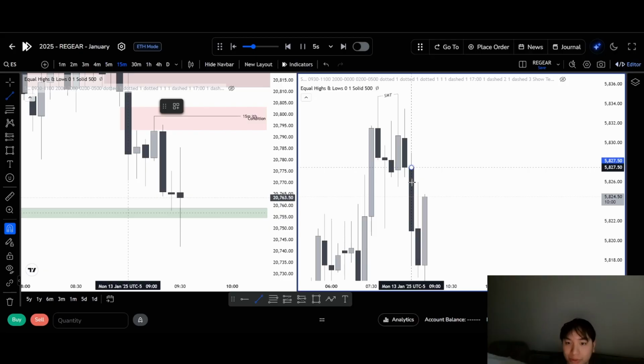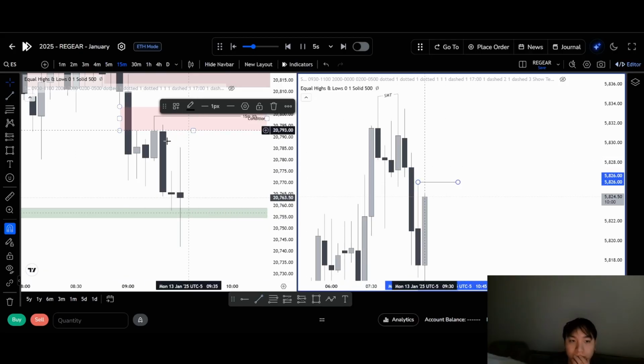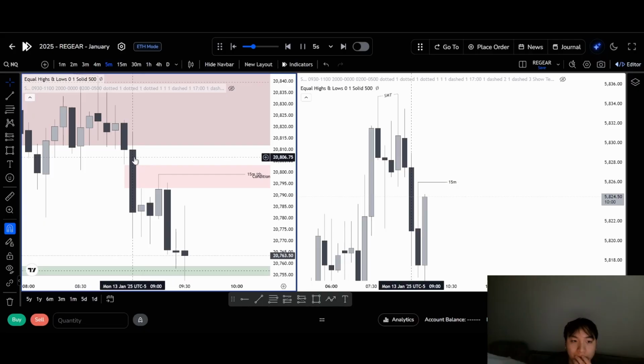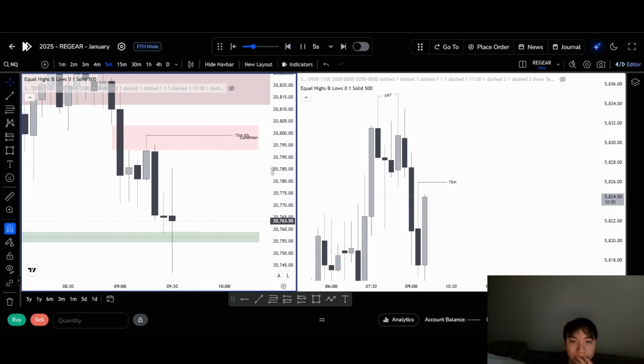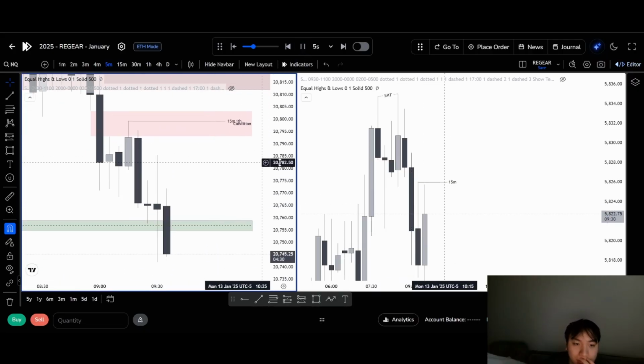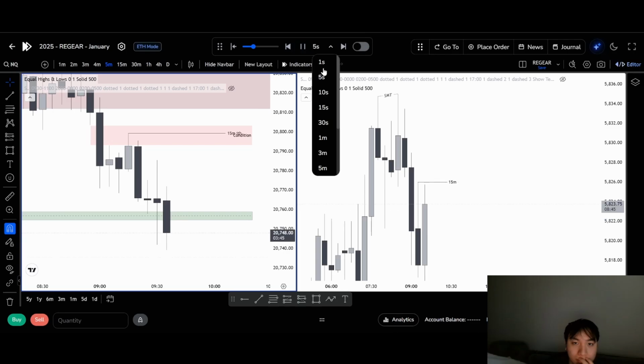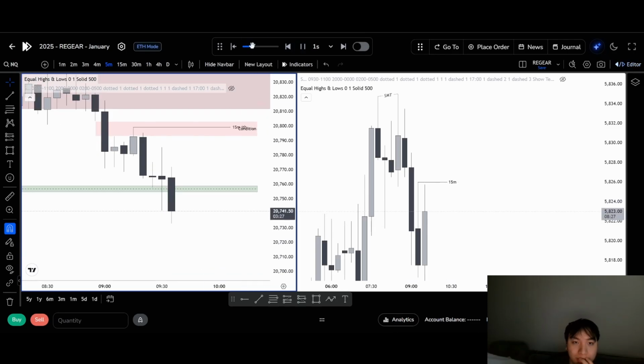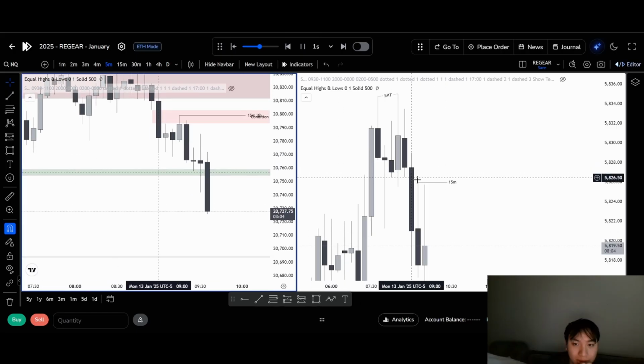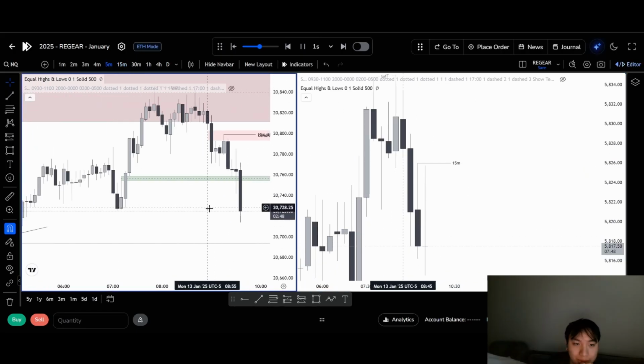We don't have a 15-minute, but we do have a 15 gap right here, which I believe is the same as this 15-minute condition. That's too fast for me. Don't get a sweep.